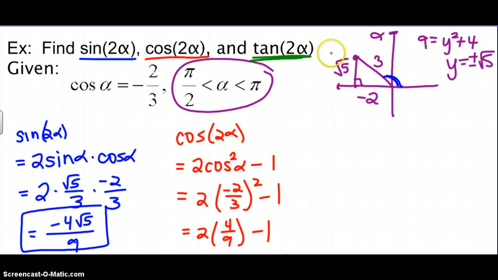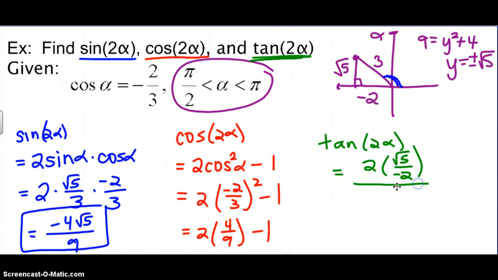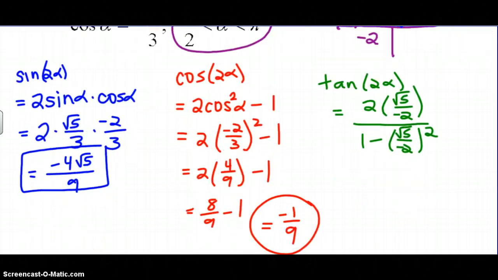Last one is going to be the tangent of 2 alpha. For this one, I'm going to use the official formula, which is 2 tangent of alpha, so 2 times root 5 over negative 2, all divided by 1 minus root 5 over negative 2 squared. On the top, I'm going to get negative root 5, because our 2's are going to cancel.